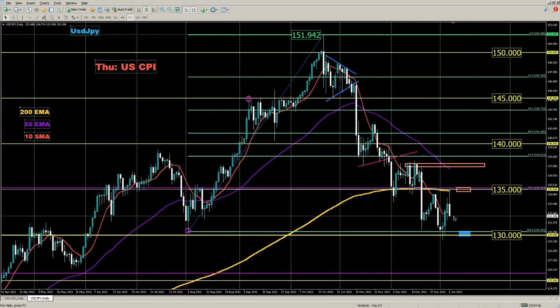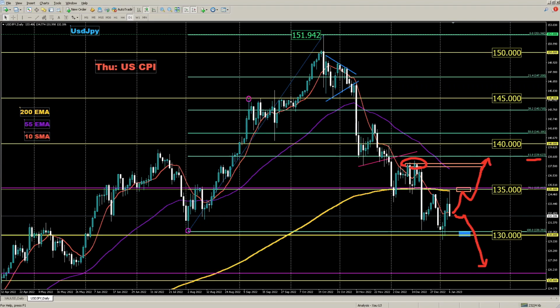Let's see whether it's going to weaken further, and if it does, then there's another key support zone. If it does break out higher, it needs to break through this cluster and the 55 EMA and get back up to the 62 fib retracement area.